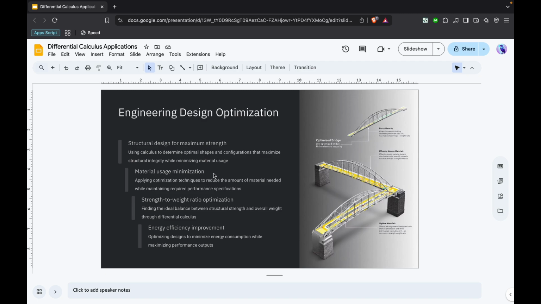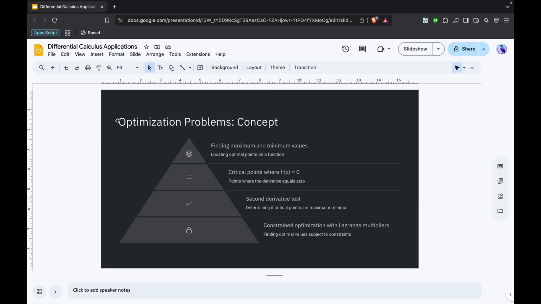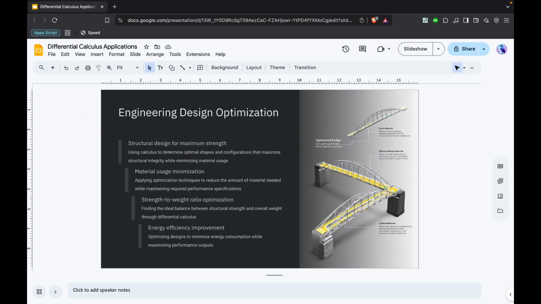Now, the third one is to really optimize how much strength the material has relative to how much weight it has, and sometimes this involves using materials, which is the other half, but also differential calculus and optimization using different functions. The last one is probably the most related to differential calculus, which is energy efficiency improvement, which is really related to optimization problems in pure math.